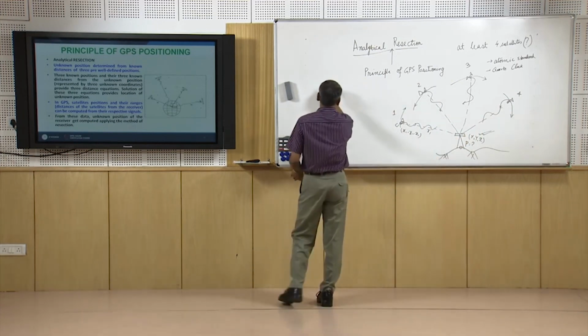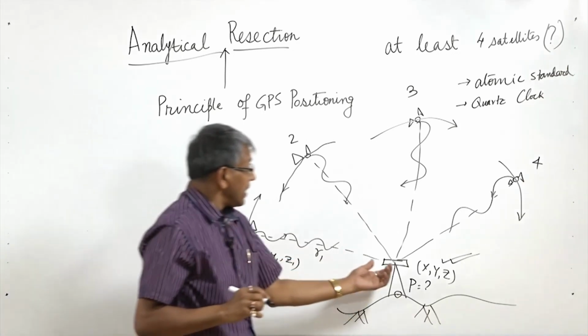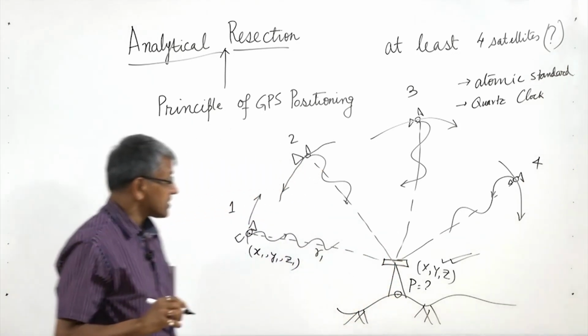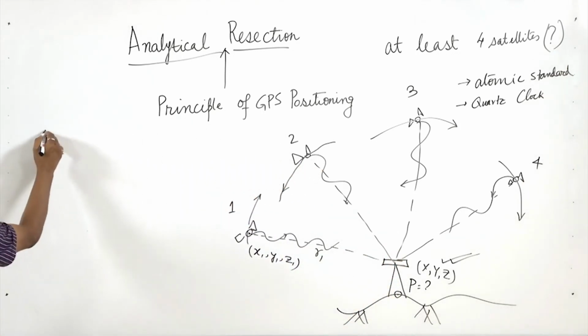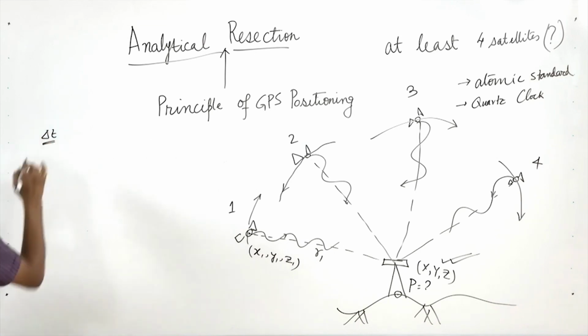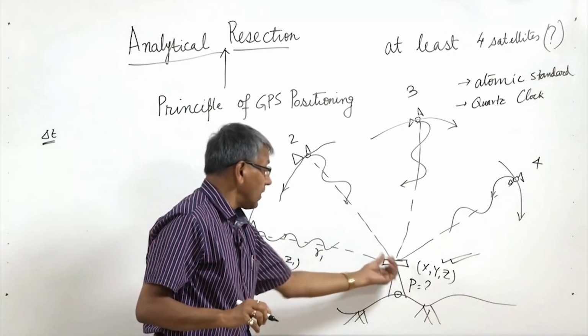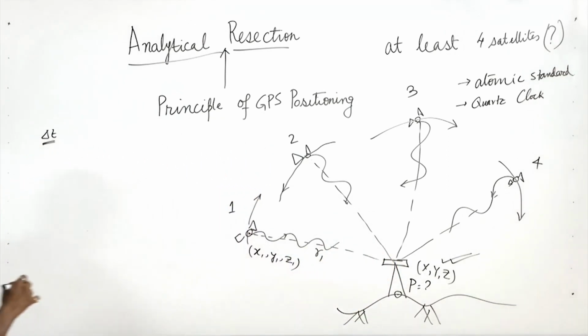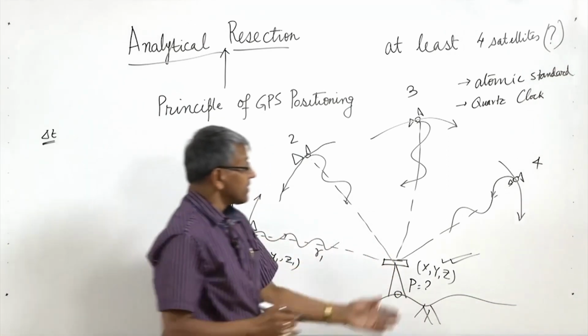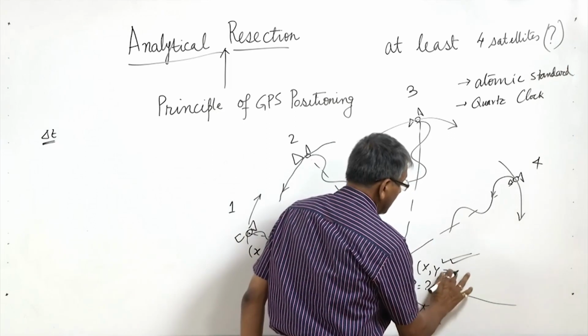So you will have one more error or unknown that is associated with a particular receiver, that is called the time error or time measurement error, del t. So this is taken as another parameter of measurement.